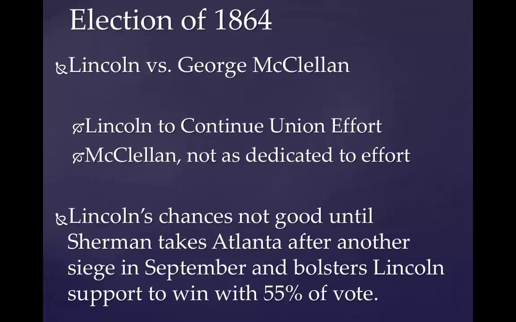And Lincoln's chances weren't great, as I was saying, until you get this other big turning point of the war, when William Tecumseh Sherman takes Atlanta after another big siege in September of 1864, and this actually bolsters Lincoln's support enough to win with 55% of the vote.